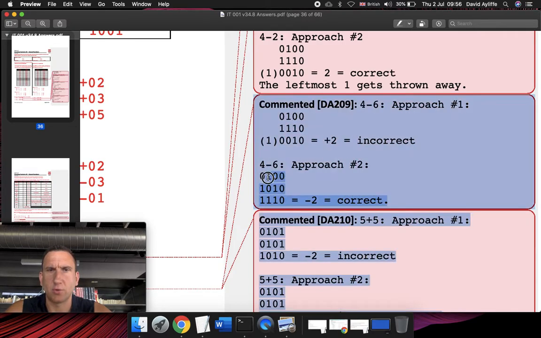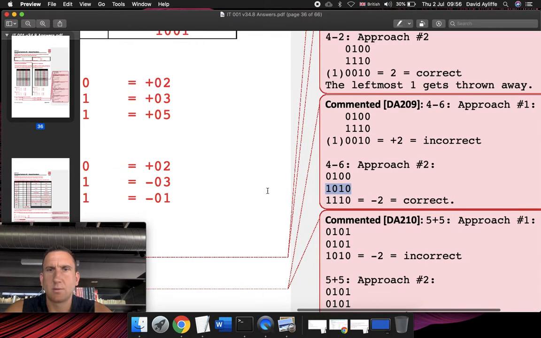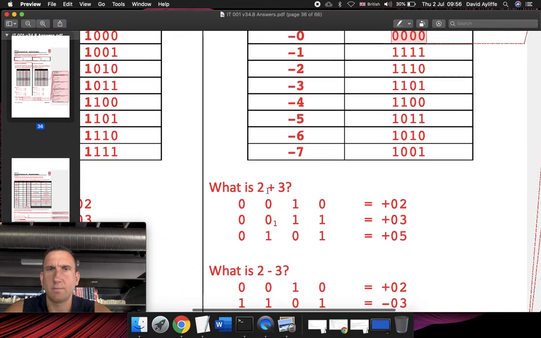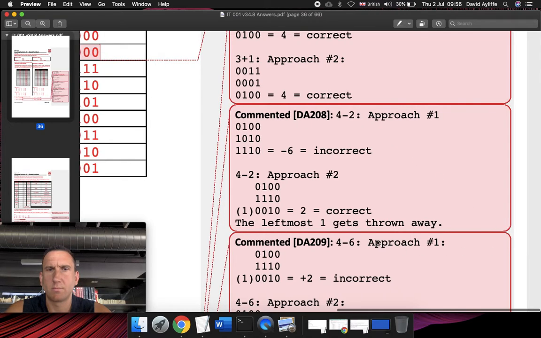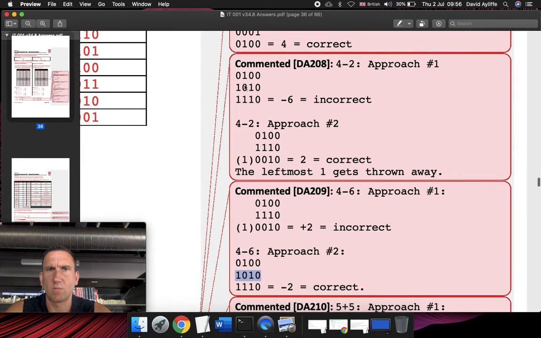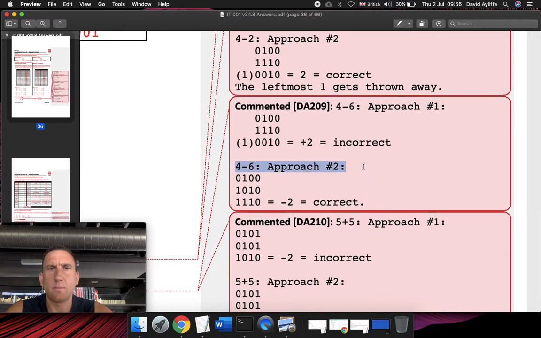Right, so approach 2. Okay, so 4 minus 6. I think I got a little bit confused here with this being 2's complement. So 4 minus 6.